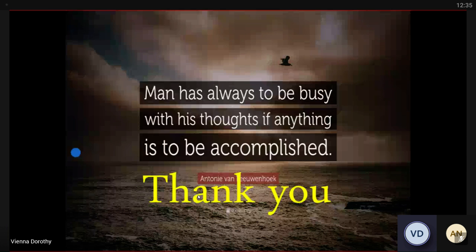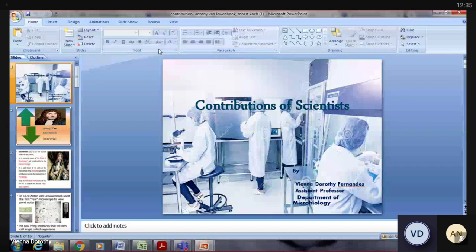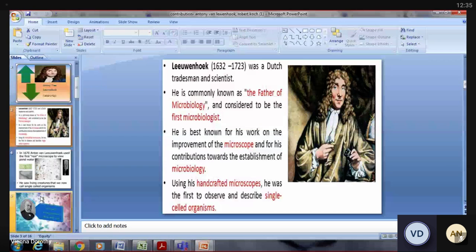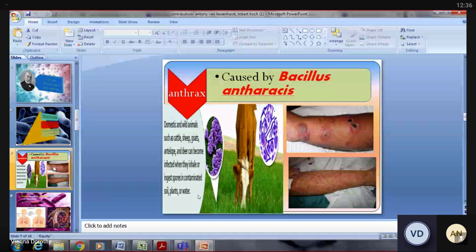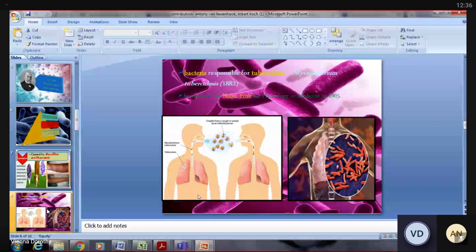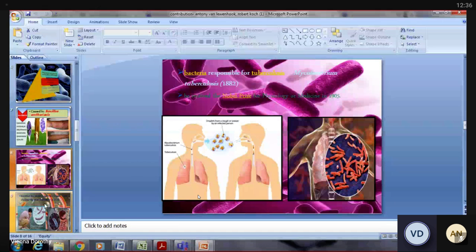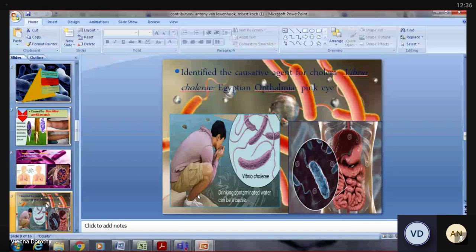Now, quickly, if we have to see all the contributions of Robert Koch, I'll brush up. What did he do? He is the father of modern bacteriology because his major contributions were in the field of bacteria, so microbiology, because he told about the various techniques. Then he told about the causative agent of anthrax, the causative agent of tuberculosis, that is Mycobacterium tuberculosis, and Vibrio cholerae, the causative agent of cholera.